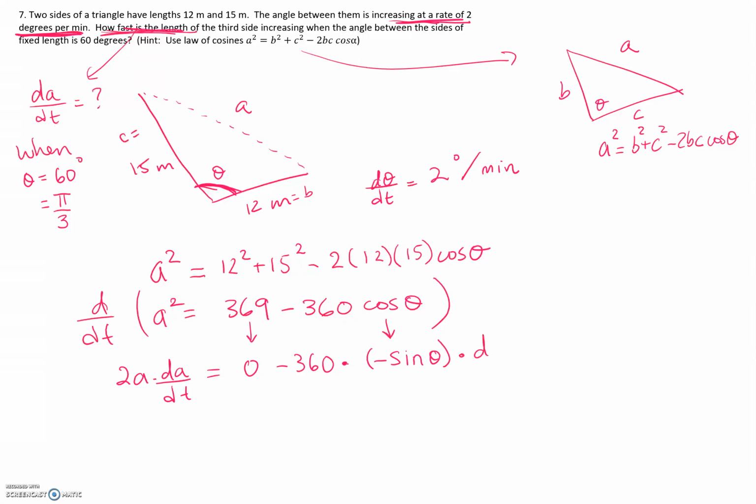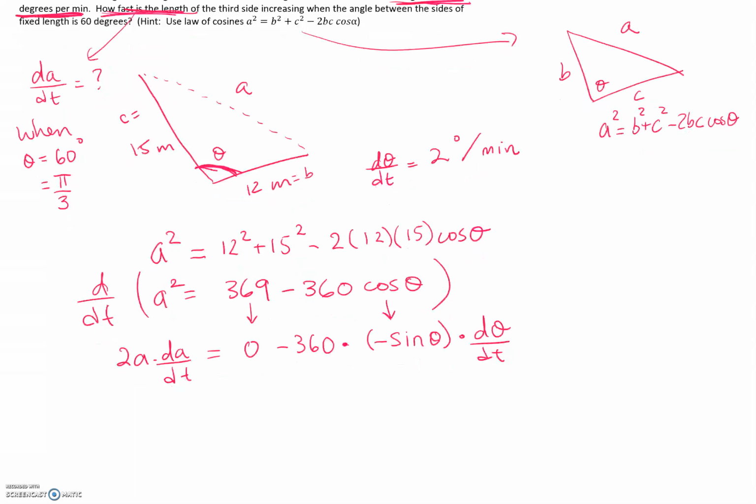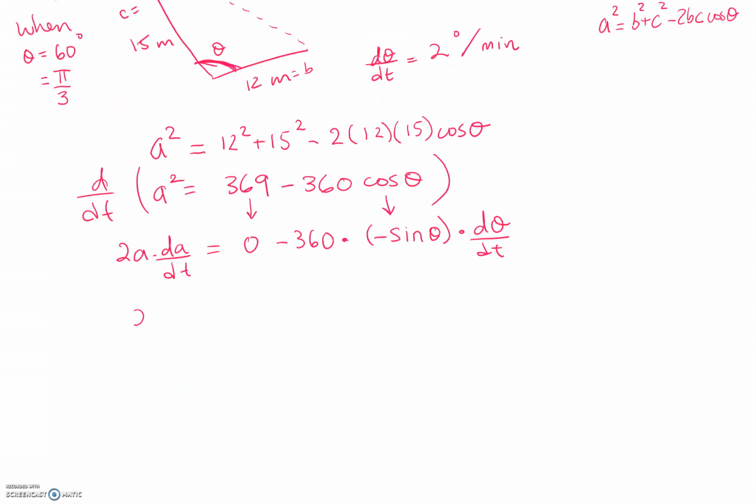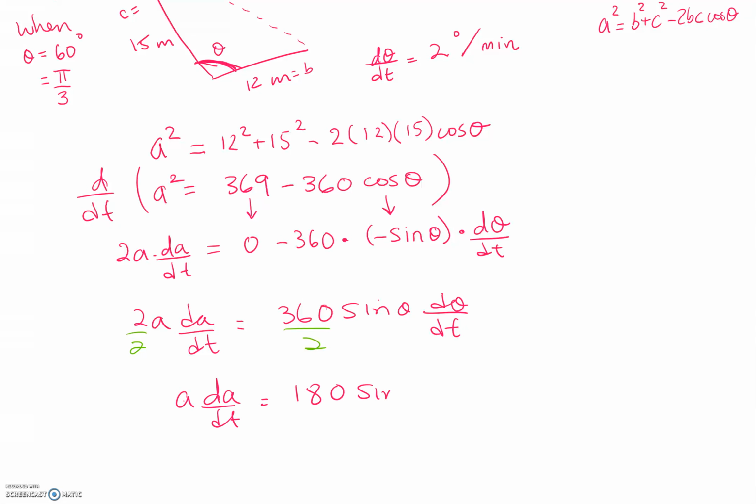And remember, theta changes over time, so we apply the chain rule and get d theta dt. Which means I have 2A dA dt equals positive 360 sine theta d theta dt. We can divide everybody by 2, and we end up with A dA dt equals 180 sine theta d theta dt.